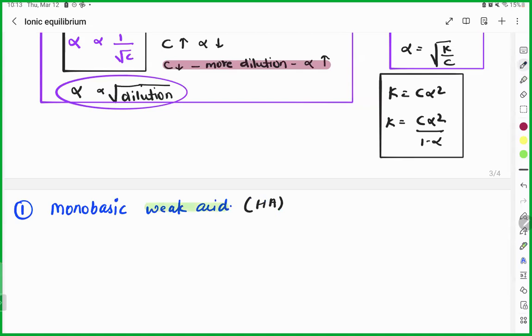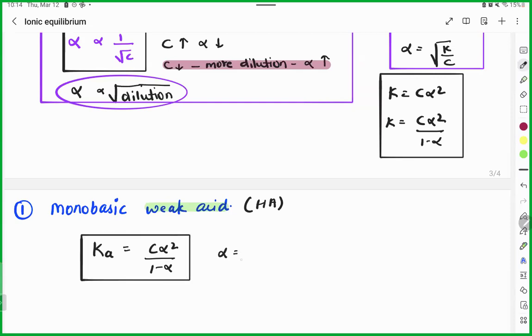So what will be the rule in this case? Everything is the same as what we did. You will simply write in this case the equilibrium constant Ka will be equal to C alpha square upon 1 minus alpha. I will not teach anything new. So this is your thing. If you see alpha, alpha will be equal to under root Ka by C for the acid. Correct? Any doubt, guys?